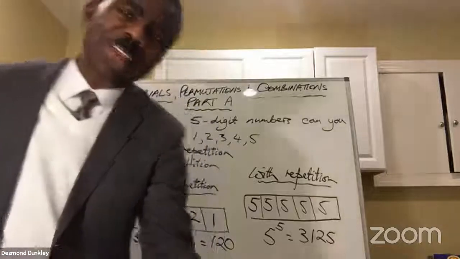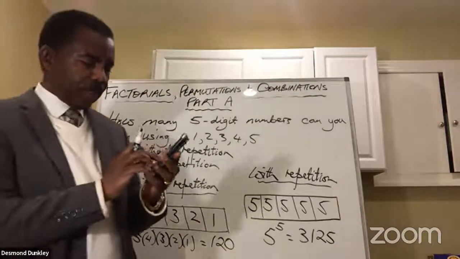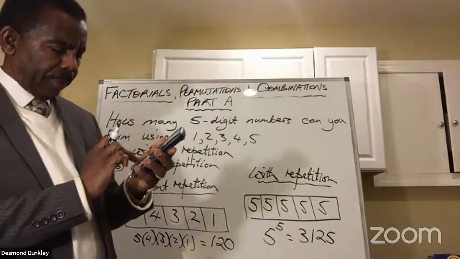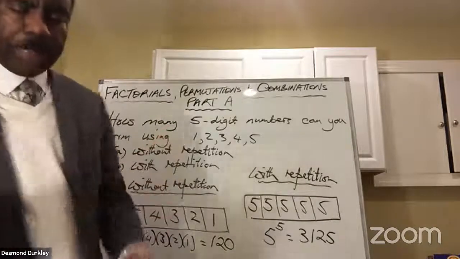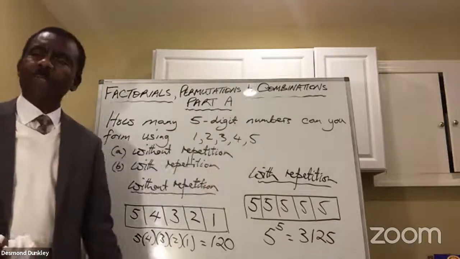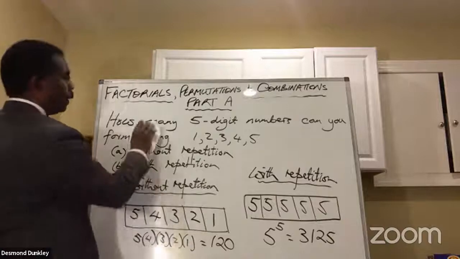Okay? So there it is. And of course, we know that 5 to the 5th is 25 times 25 times 5. Same answer. This is one way that you could do that. All right? Good.